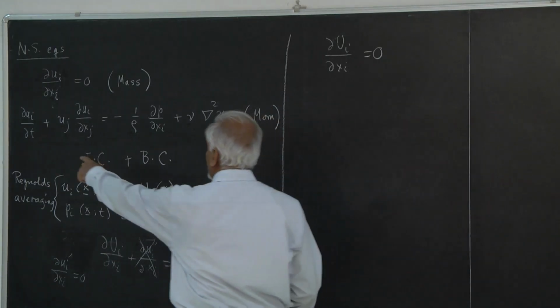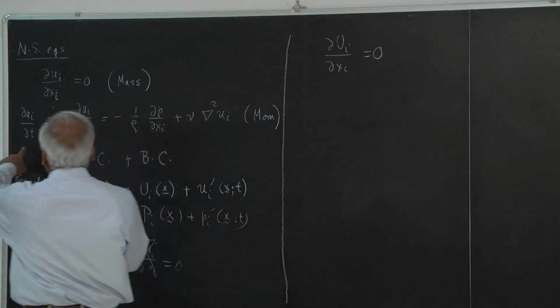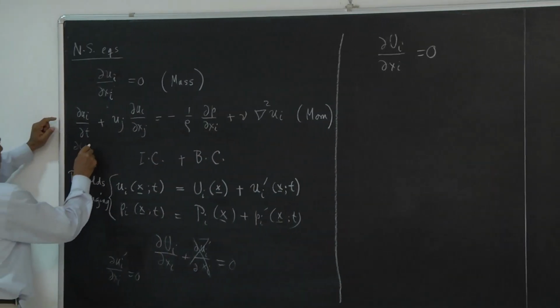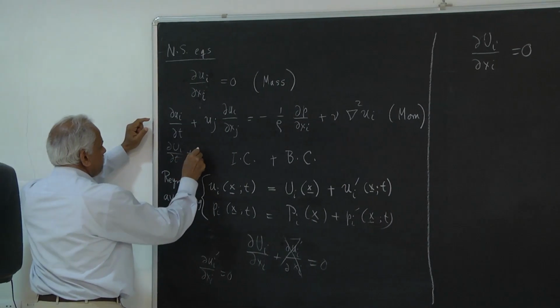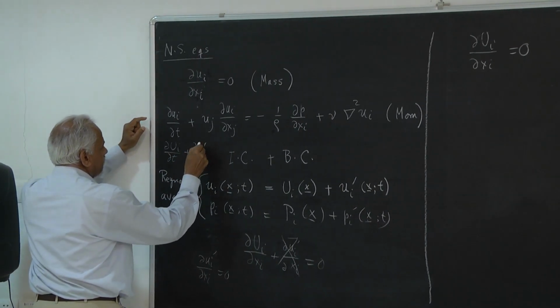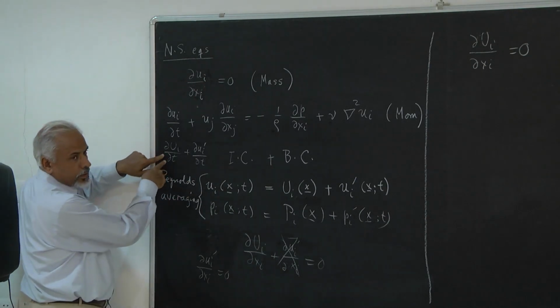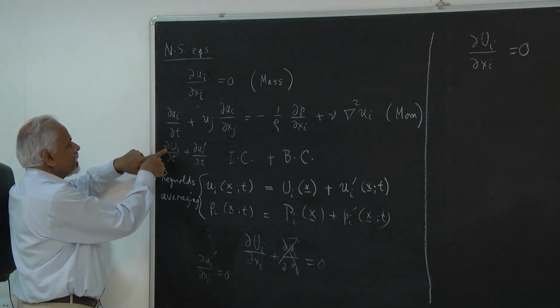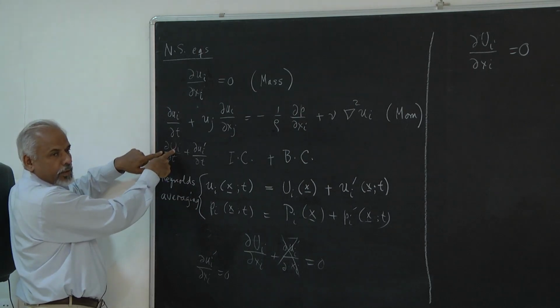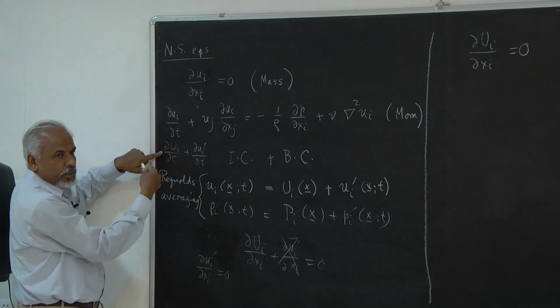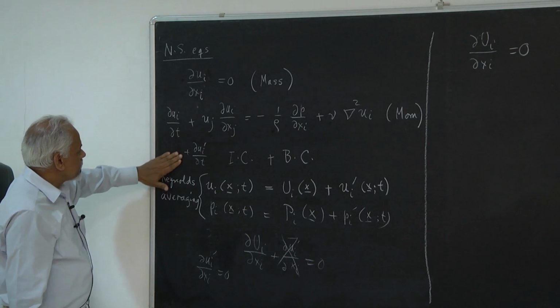Now, similarly, I will have here dUi/dt plus dui'/dt. And now this, of course, will be 0 because it's the d/dt of the average value. The average value doesn't change by our definition. So this will be 0.